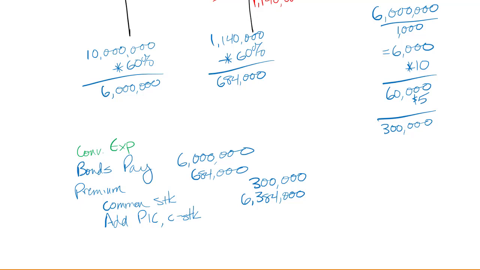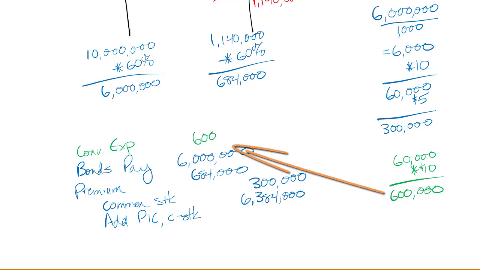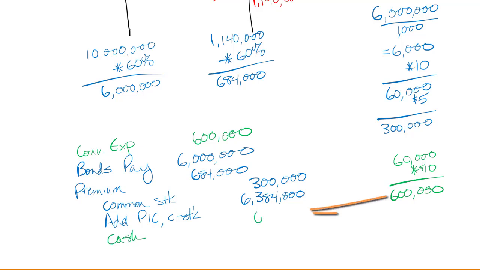In this case, for every share of stock they get, they also get $10. So up here, I figured out that it was 60,000 shares of stock, $10 incentive per share. So I'm going to pay out an additional $600,000 in cash to get these people to convert. So I debit conversion expense for $600,000. I'm paying them cash.